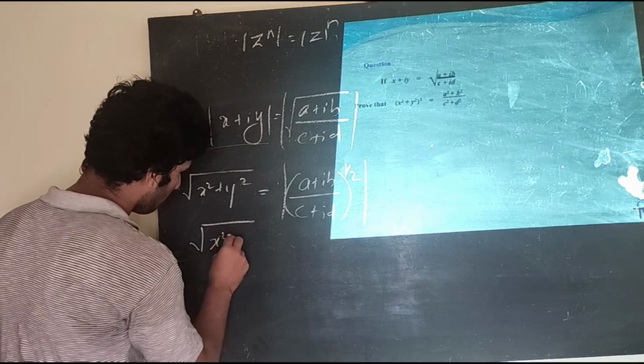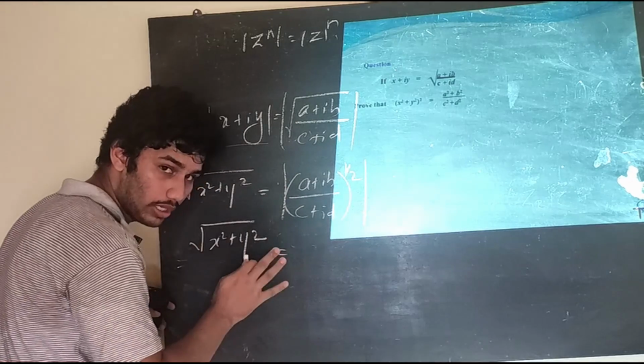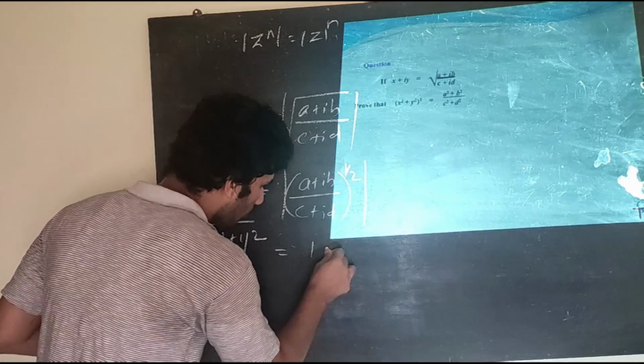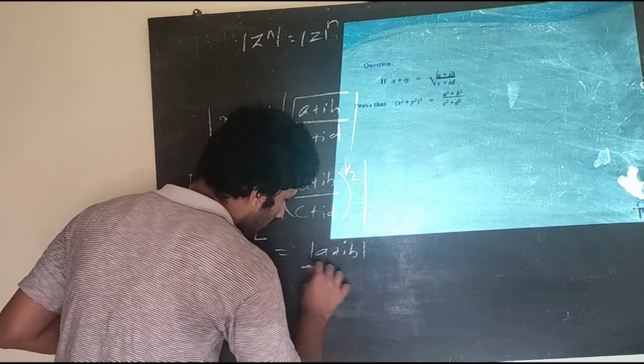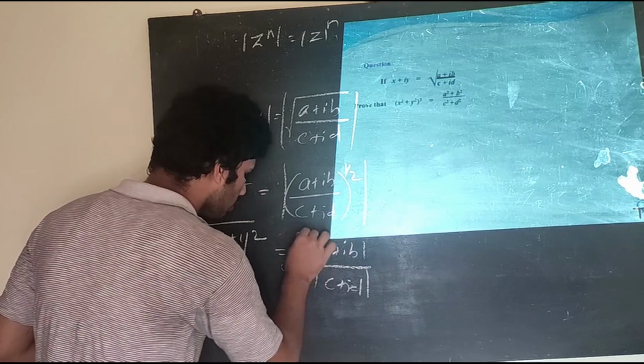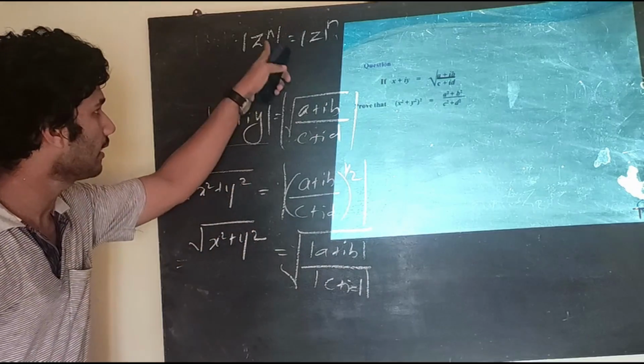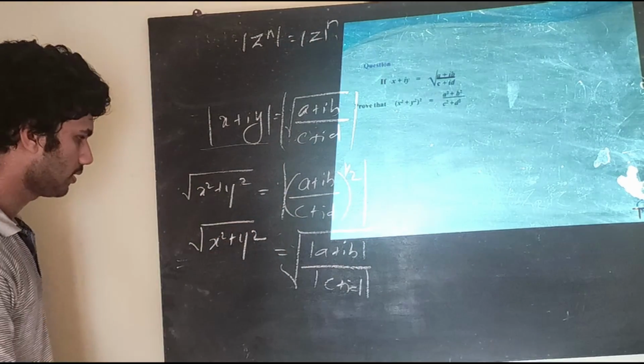So root of x square plus y square is equal to, I can split the modulus because it's a division, modulus of a plus ib by modulus of c plus id, its root. Hope you understand, this n goes outside the modulus.